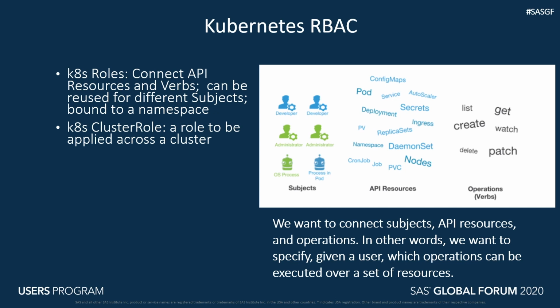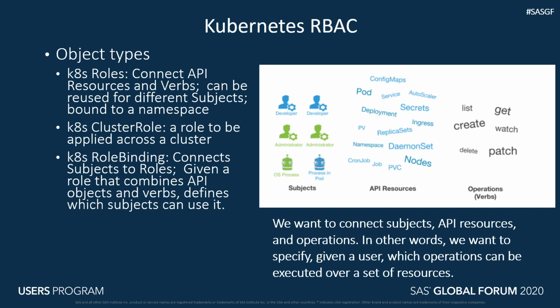In RBAC, when you see something without the word cluster in it, it means it's namespace scoped, intended for use in a particular namespace. When we see cluster as part of the name, that means it can be used across the cluster. So a ClusterRole would connect one of the API resources, one of the object types in Kubernetes, with the verbs we could use on it.